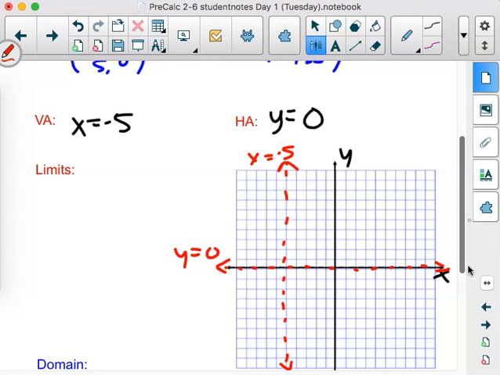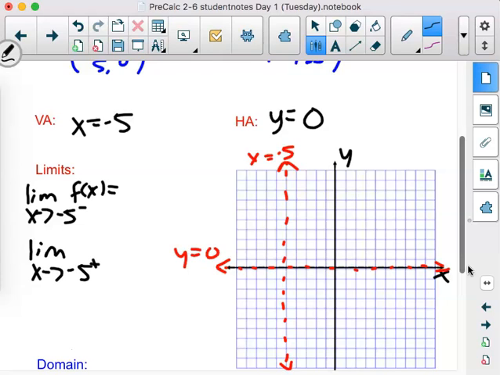Well, that's interesting. This first one we've had in a while that hasn't had 3 distinct parts to it, but we still have a vertical asymptote to talk about for limits. But we'll need to get that from the graph.